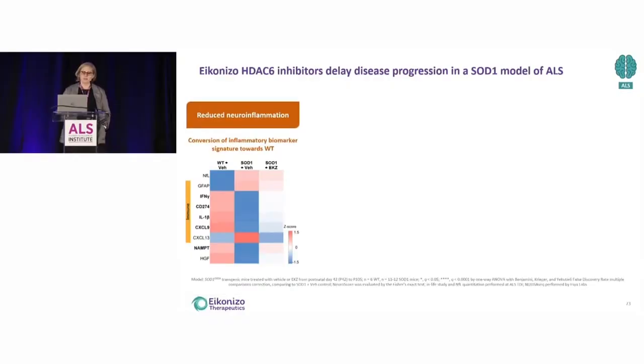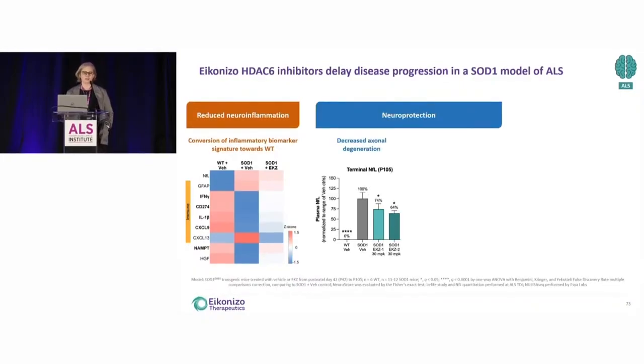Okay. And given its prognostic importance in neurodegenerative diseases, we assessed NFL in terminal plasma independently and detected a significant reduction in plasma NFL with 2 of our HDAC6 inhibitors, supporting a decrease in axonal degeneration.